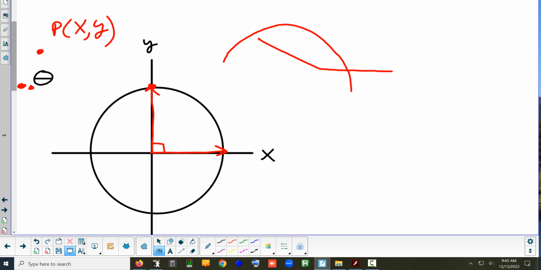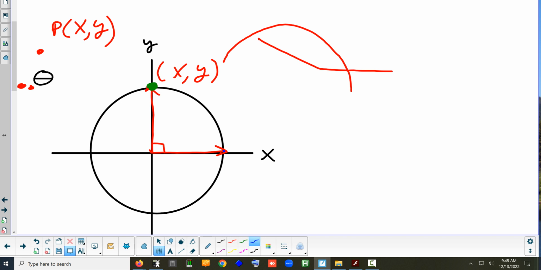If we made it a little bigger than 90, maybe the terminal side would be over here, and then it would hit right there. The point is, the terminal side hits somewhere, and the whole goal of unit circle trig is to get the coordinate of where the terminal side hits the edge of the circle. That's what you have to figure out.